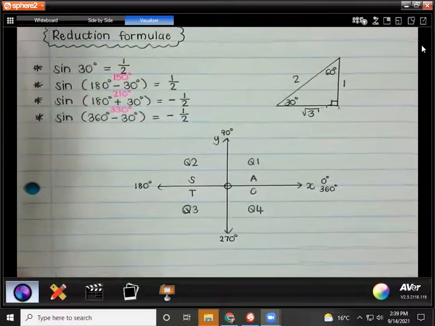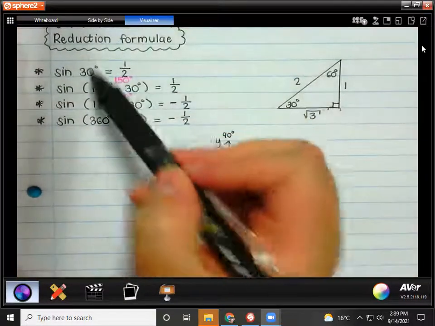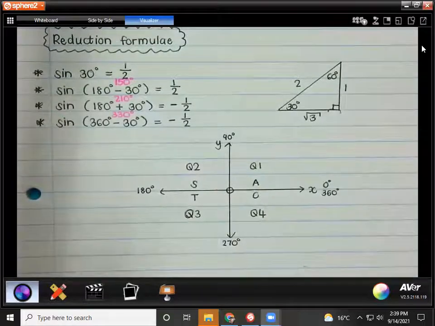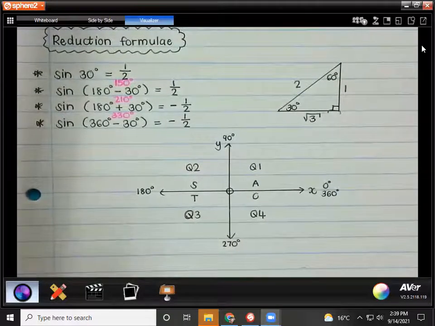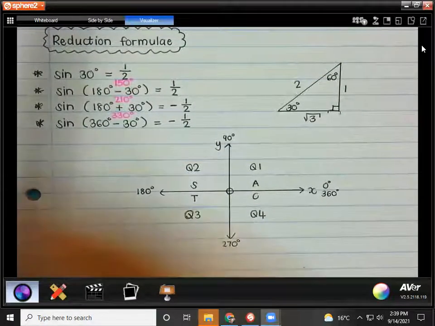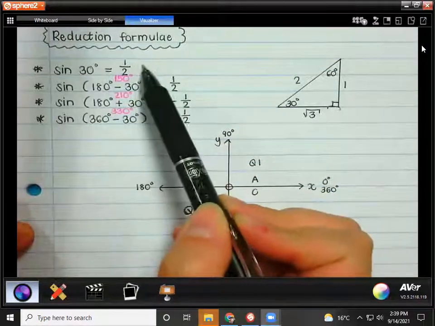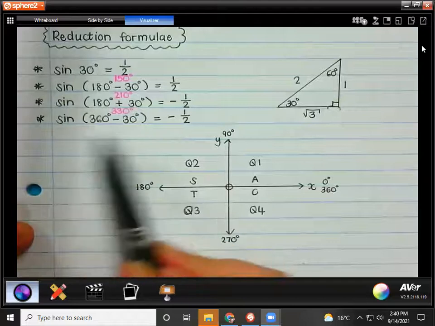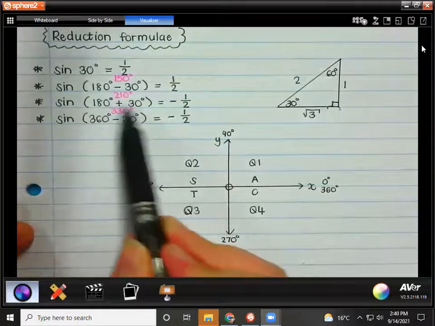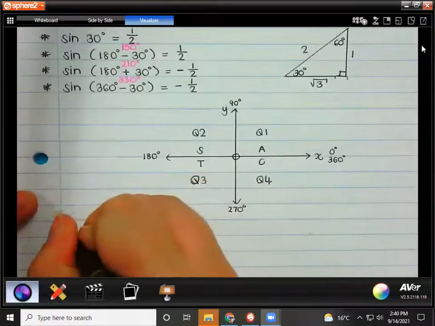Now, guys, reduction formula is a way of literally reducing an angle, all right? Any angle that is not an acute angle, we can reduce it to an acute angle using reduction formula. Okay, so what did we see here? The value of sine 30 is a half. If we take, for example, sine of 330 degrees, let me write it here at the bottom.